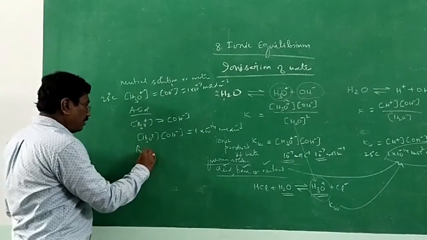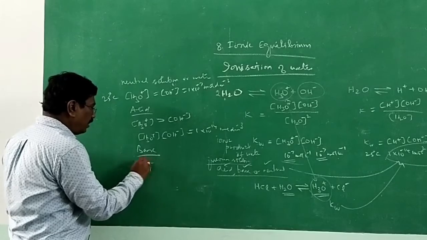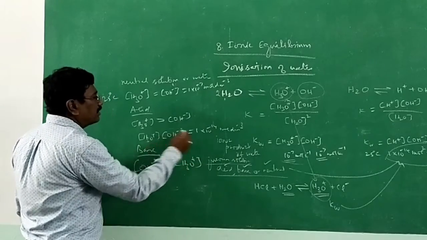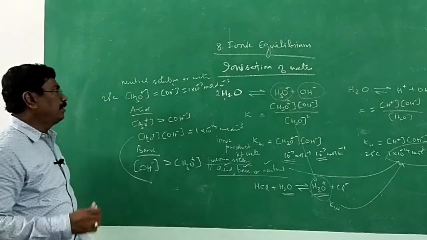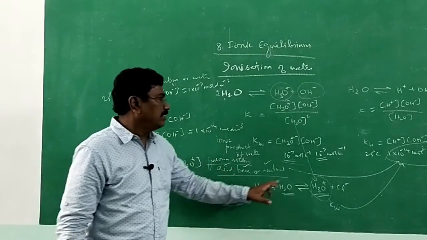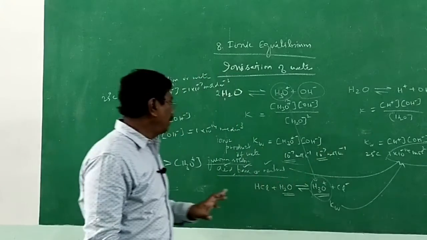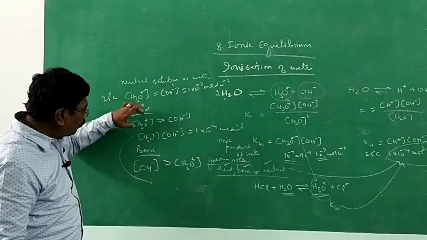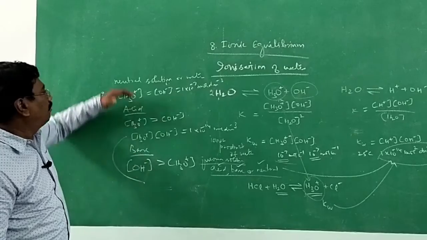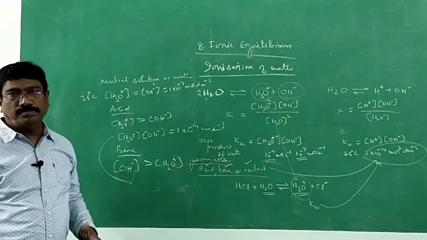In the case of a base, the hydroxide ion concentration will be greater than the hydronium ion concentration. But the product is always this value. The product is the same. So for a neutral, acid or basic solution, this is the value at 25 degrees Celsius. For acid, the hydronium ion concentration will be higher, and for base, the hydroxide ion concentration will be higher. For a neutral solution, they will be equal. All right.